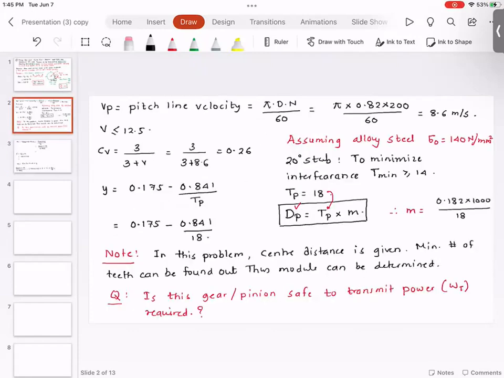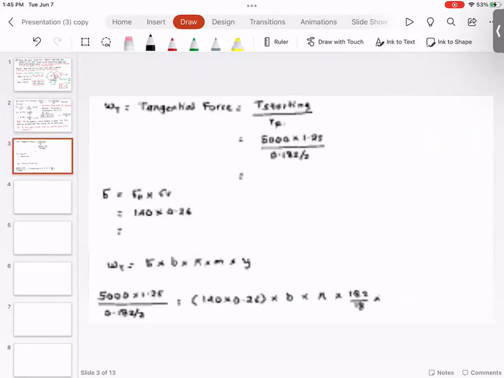Can someone tell me what is the value of Y here? Just solve this equation: 0.175 minus 0.841 divided by 18. That is 0.128.